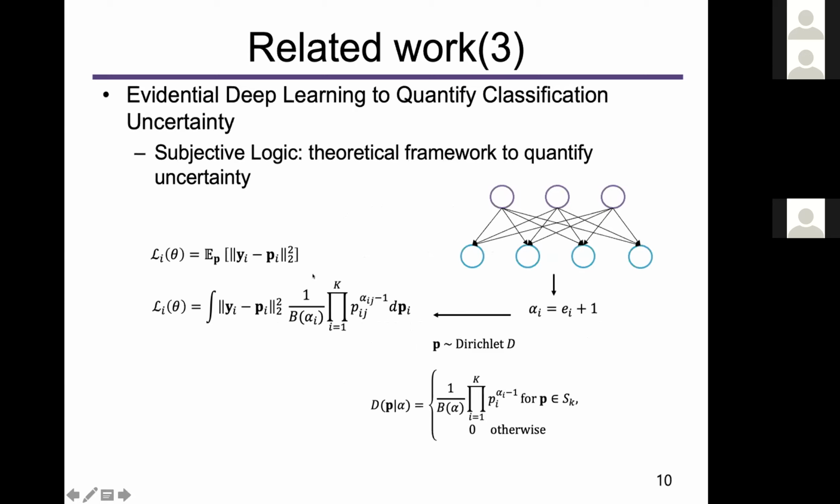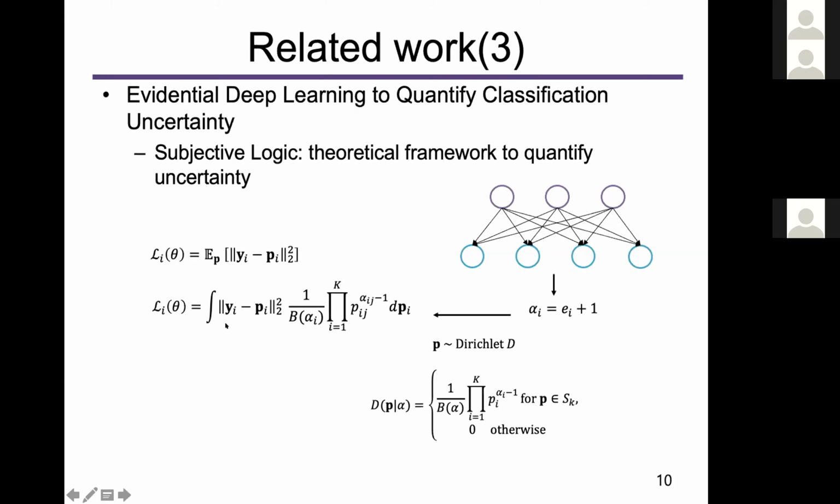So this is the normal MSE, and here they introduced a new loss called EDL MSE, which has this Dirichlet distribution in it. Conceptually, in MSE they just directly use the result from the output layer to compute the loss.